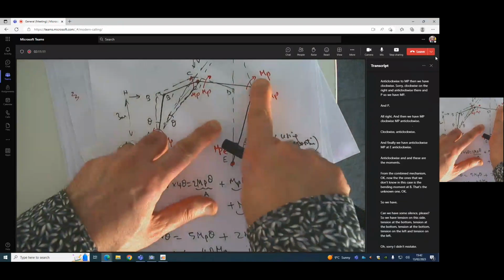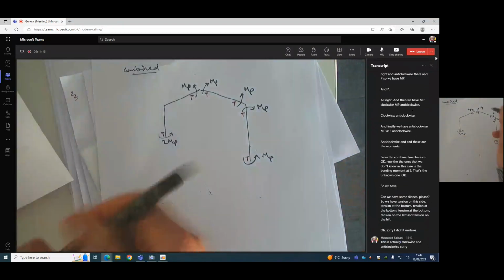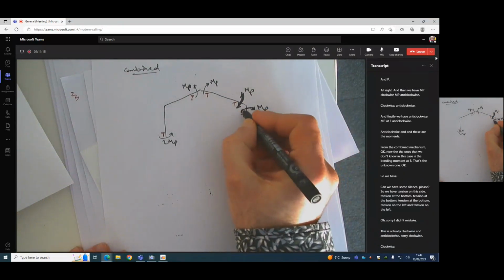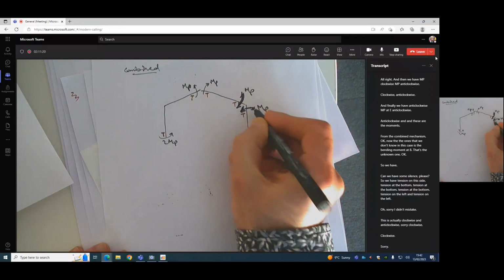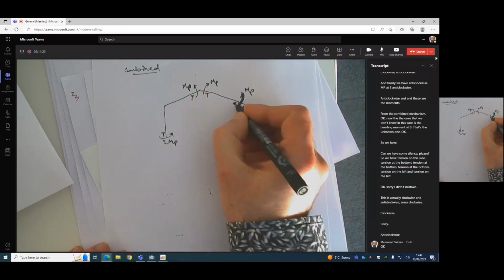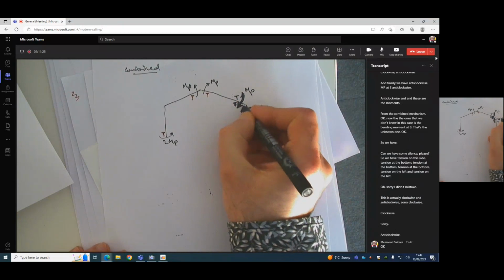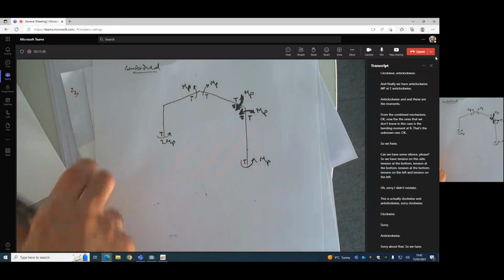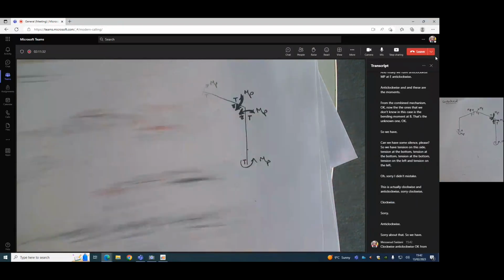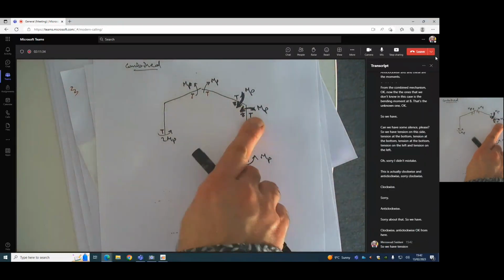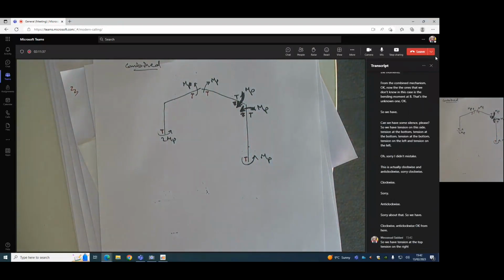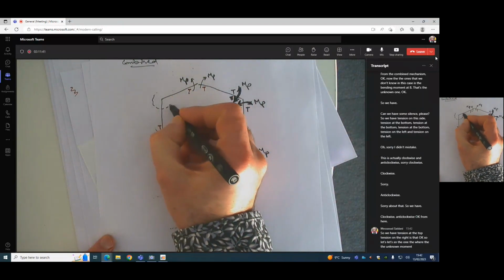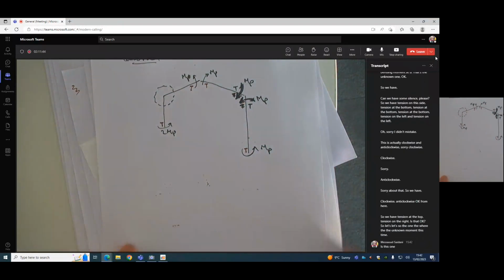This is actually clockwise and anti-clockwise, sorry. So we have clockwise, anti-clockwise from here. So we have tension at the top, tension on the right. Is that okay?